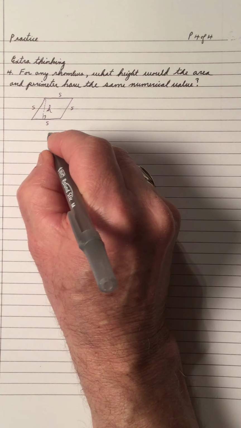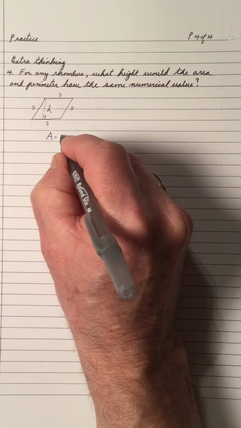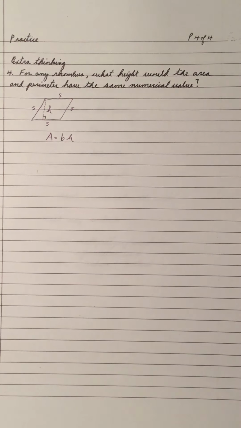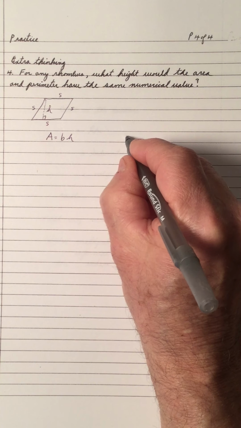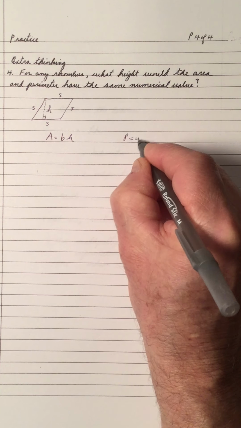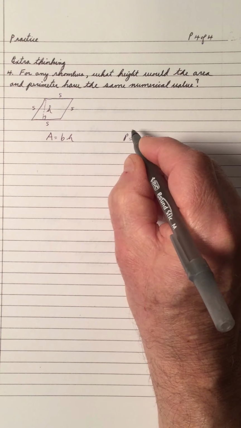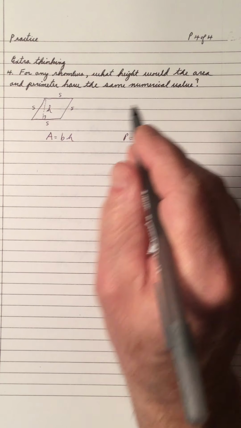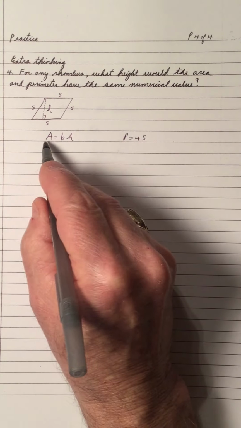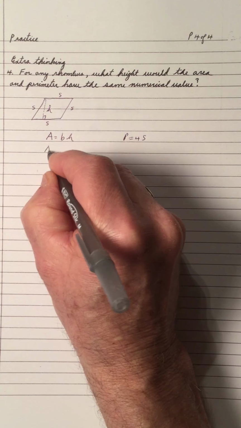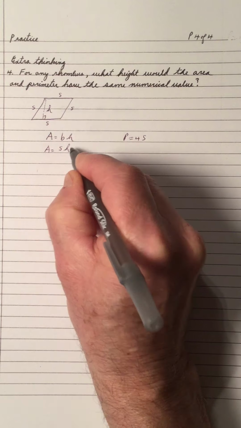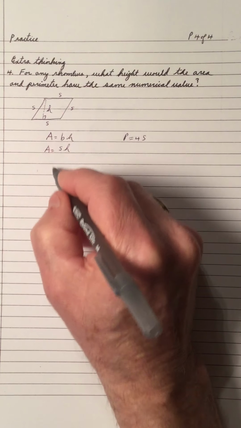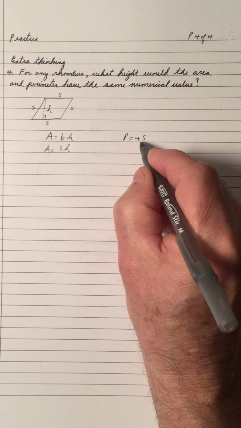With the area, well, the area of a rhombus is base times height. And the perimeter of a rhombus is P equals 4S. So in a rhombus, the base is S. The perimeter is 4S.